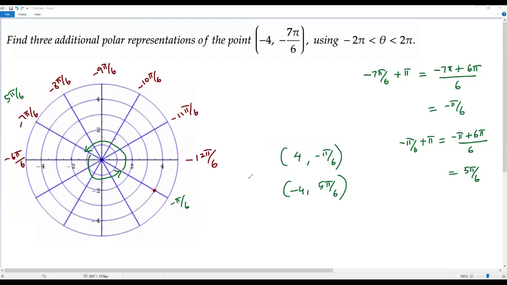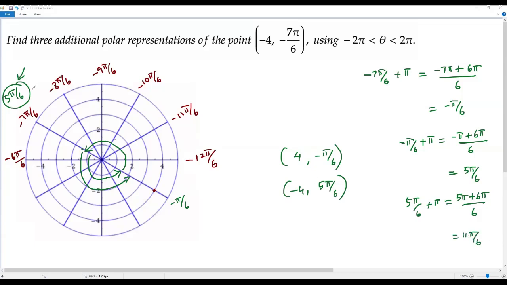To get the third additional polar representation of the given point, again I start traveling from the terminal side of 5 pi over 6 by pi radians of distance. To know the angle measure over here, I have to add pi radians to this one because I started traveling from the terminal side of 5 pi over 6. So 5 pi over 6, the same process, plus pi. Now let's multiply this pi by 6, and I'm getting 5 pi plus 6 pi over 6, which is 11 pi over 6.